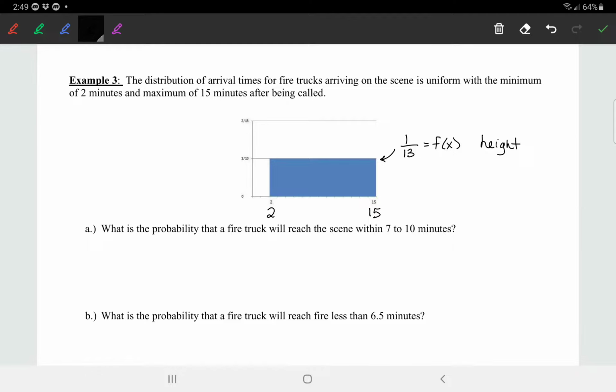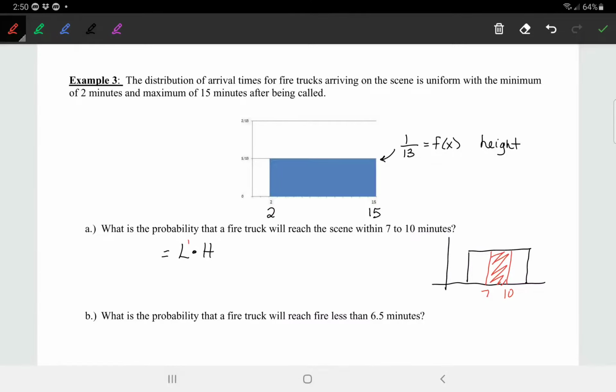Okay, so what is the probability that the fire truck will reach the scene within 7 to 10 minutes? Okay, so I like to draw a picture every time we do this. So I'm looking for a probability that starts at 7 and goes up until 10. We are looking for this area. We know the area will be equal to the length of that rectangle times the height.